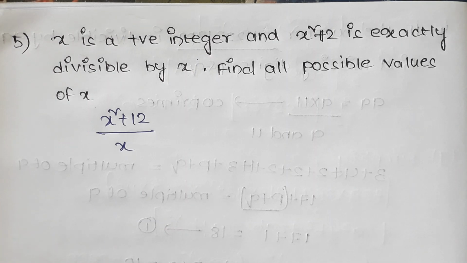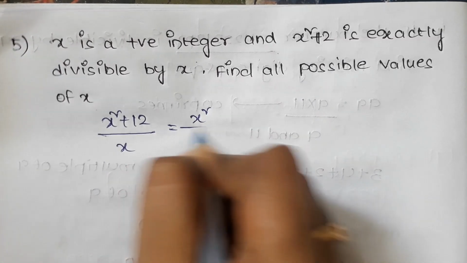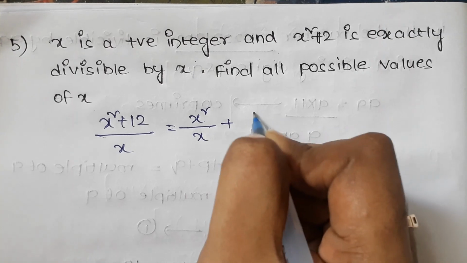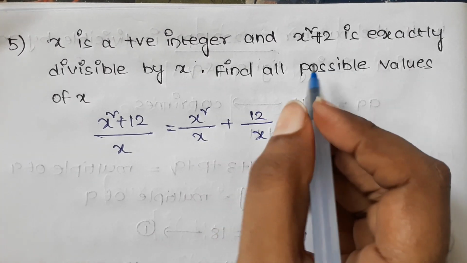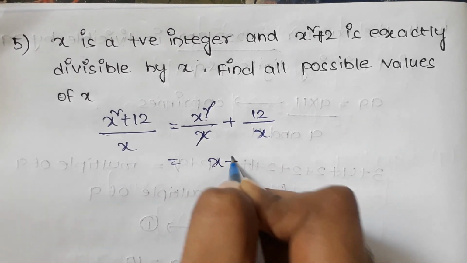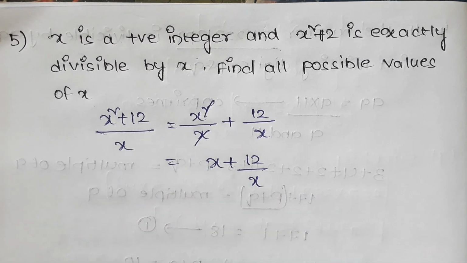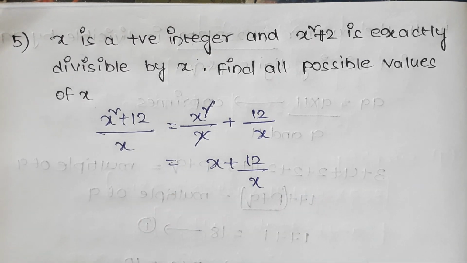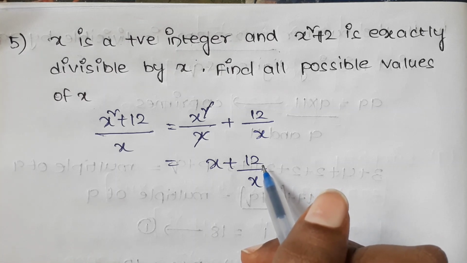So now let us separate this as x square by x plus 12 by x, and now x gets cancelled. Now we will get x plus 12 by x. Here clearly 12 must be divisible by x.